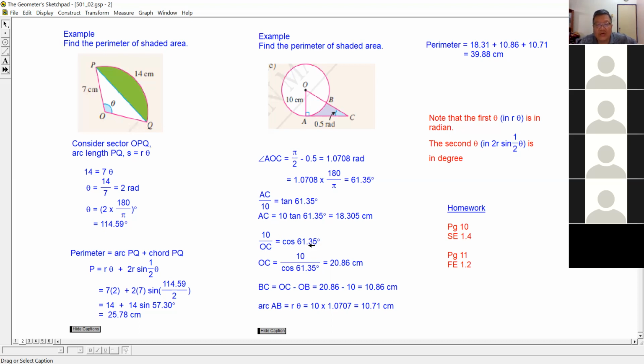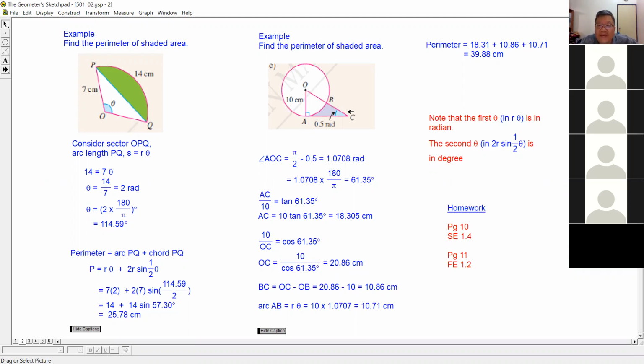So you take the OC over, you take the cos over here. OC is 10 divided by cos 61.35, which is 20.86.